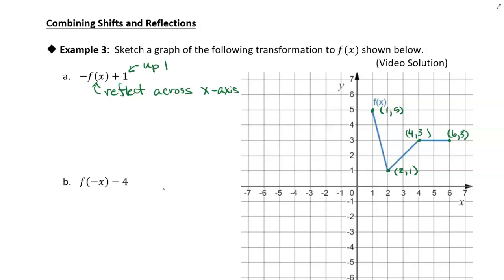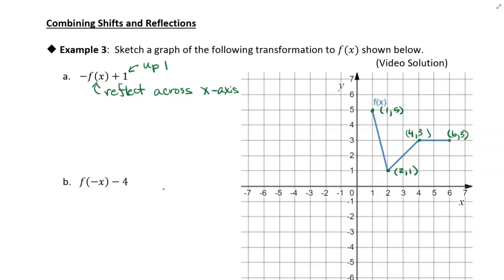Okay, so every point, we can basically take these points and run them through this new function and find the new points on the transformed graph. All right, and we're just going to reflect it across the x-axis and shift it up by 1.